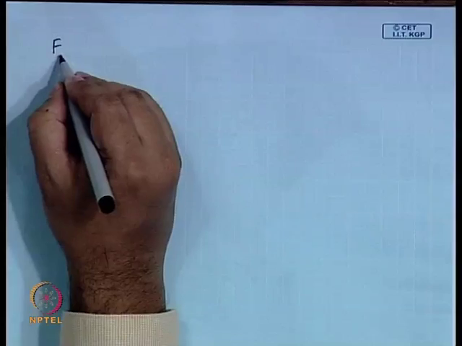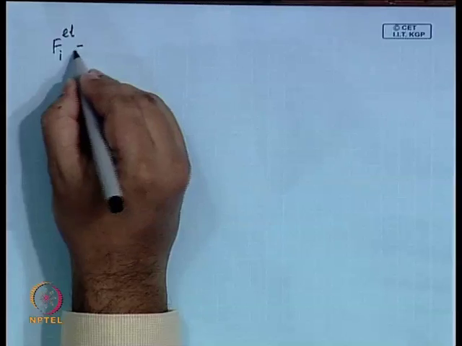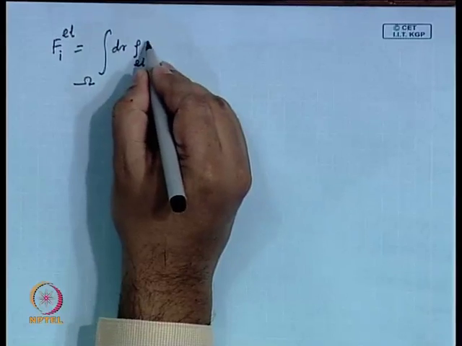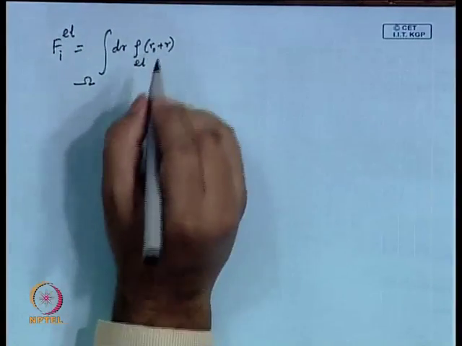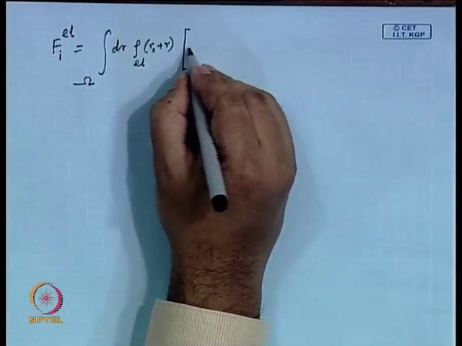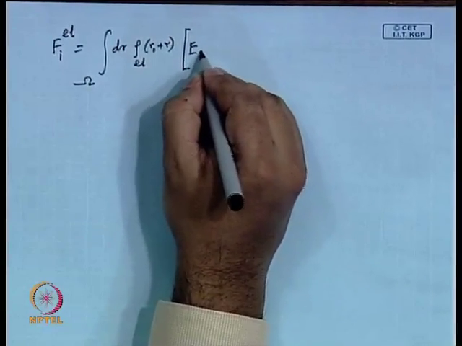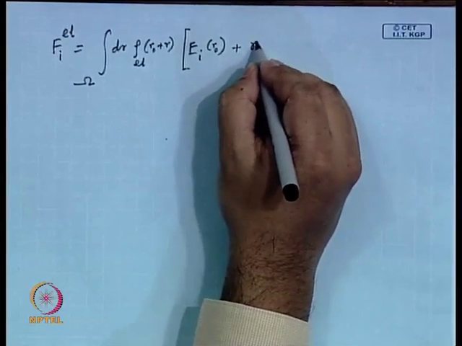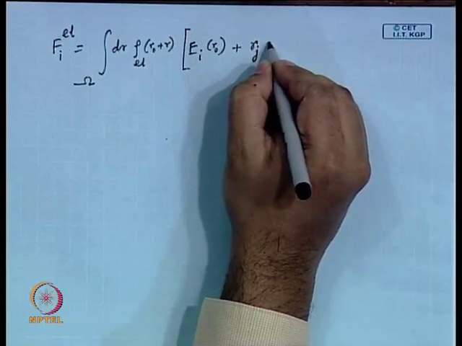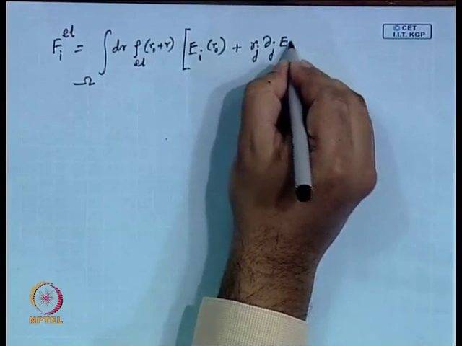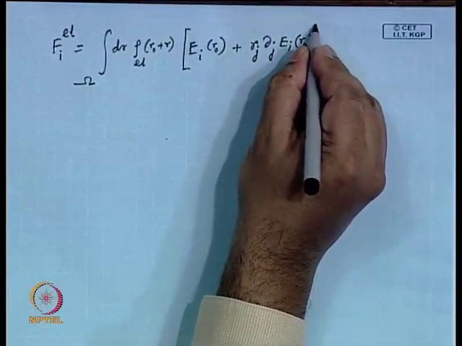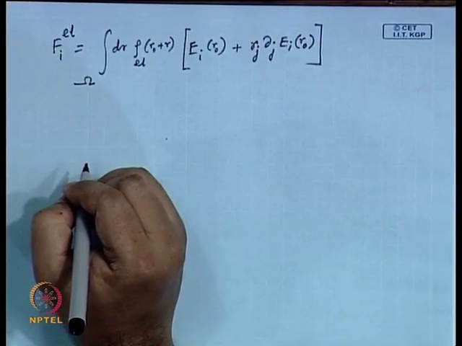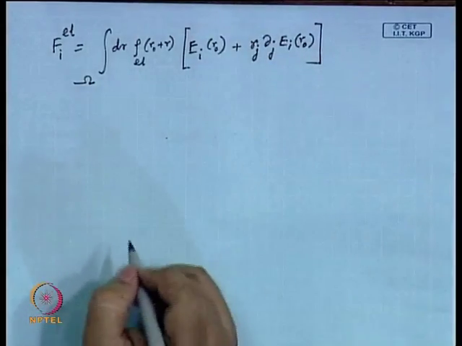The Taylor series expansion will give this part remains unchanged. You are expanding the E term around r0.